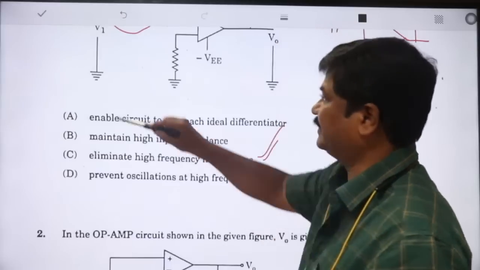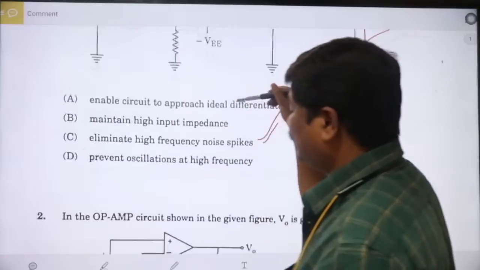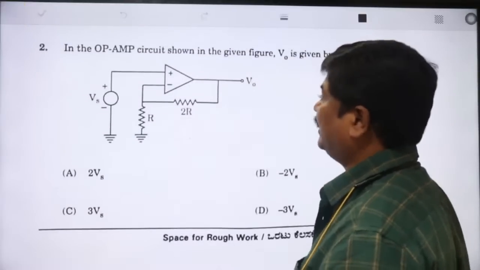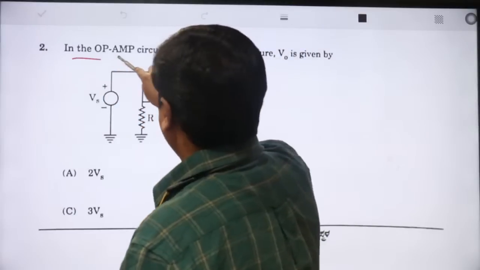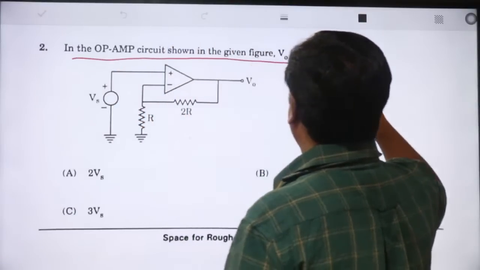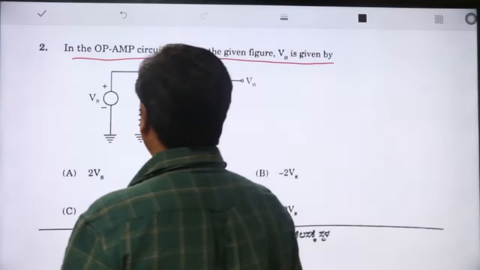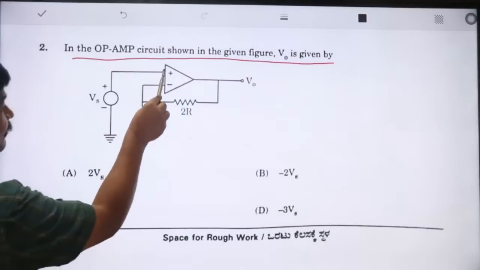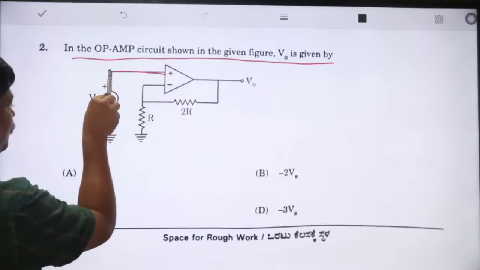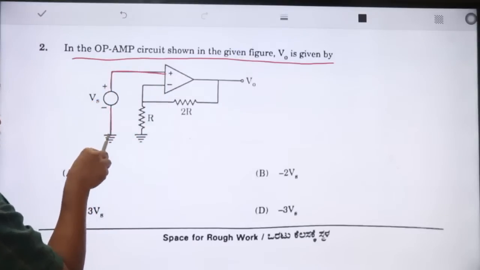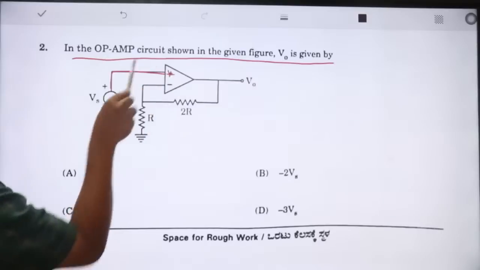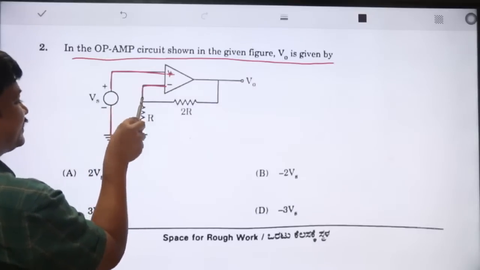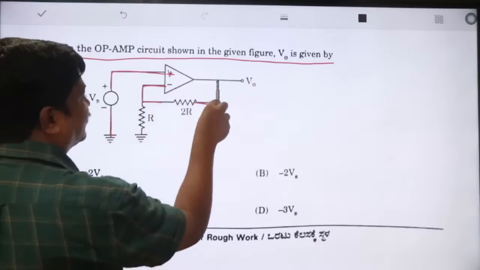Noise spikes. Coming to the next question, the operational circuit shown in the figure, V0 is given by. See, where is the power supply given for this one? The power supply is given to this terminal, the non-inverting terminal, and the feedback resistance is connected to the inverting terminal.